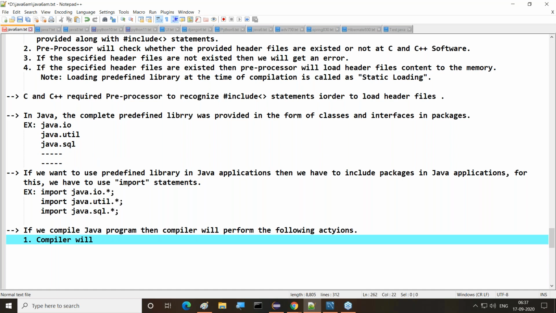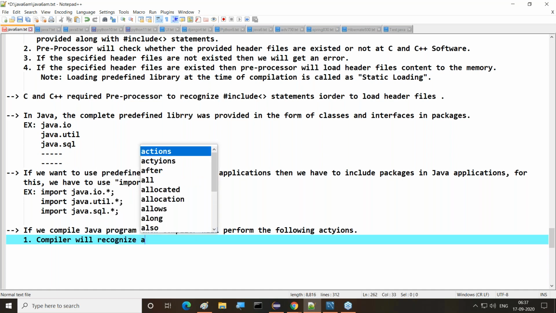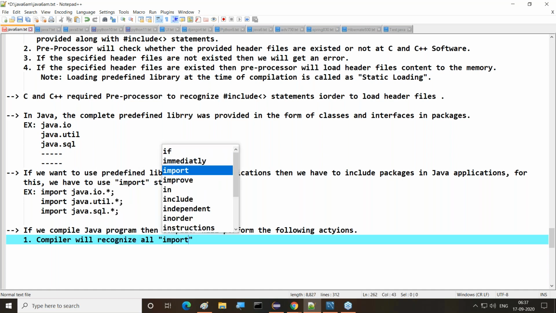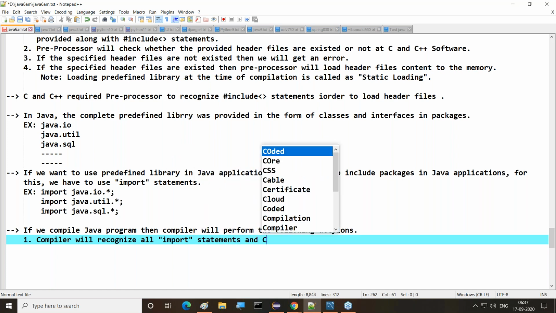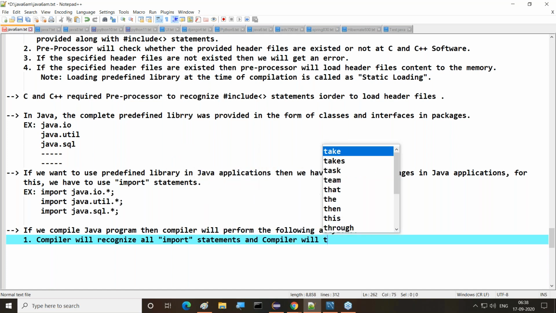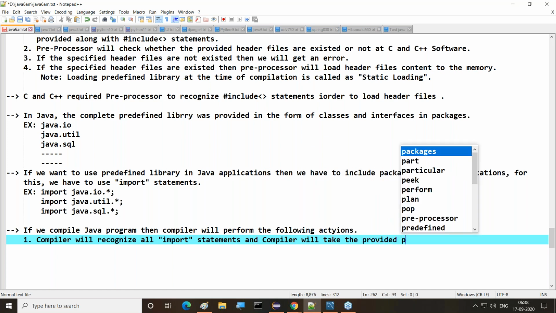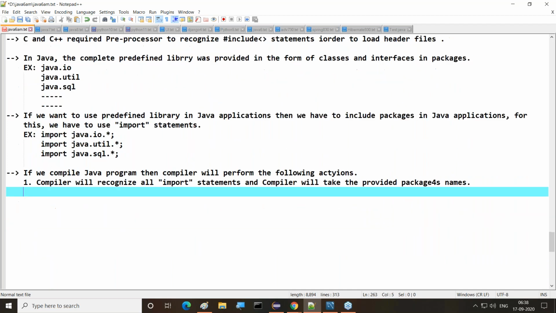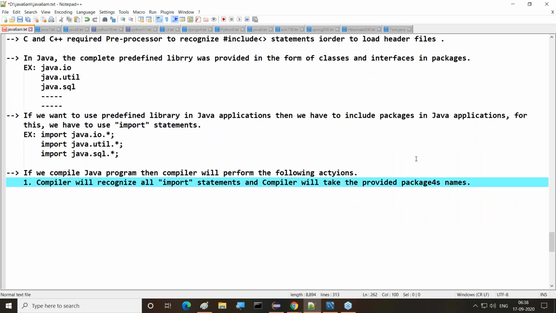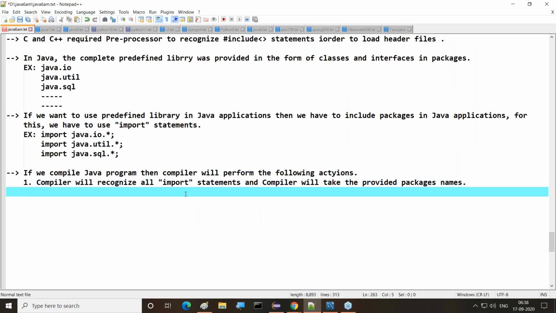Compiler will recognize all import statements. The compiler will take the provided package names. What are these packages now? Java.io, Java.util, Java.sql, and so on.